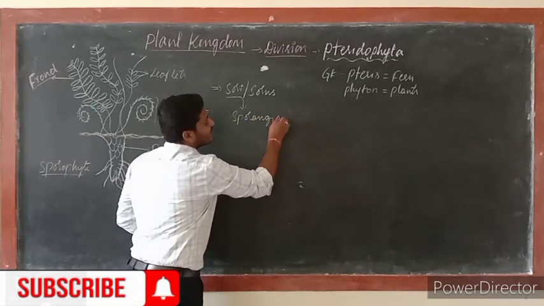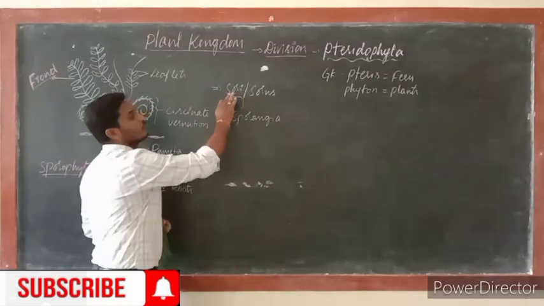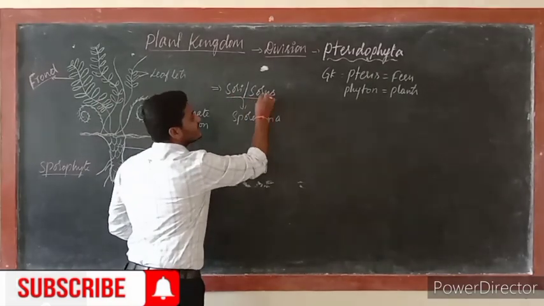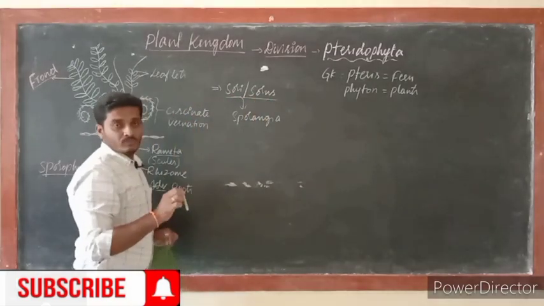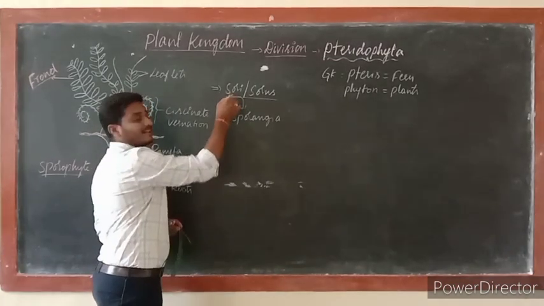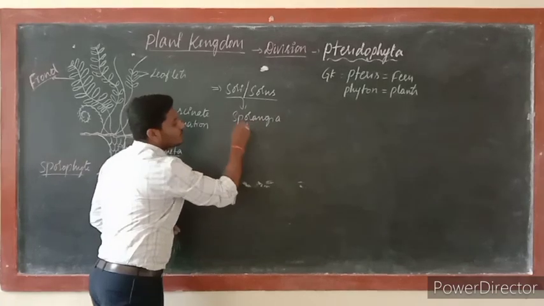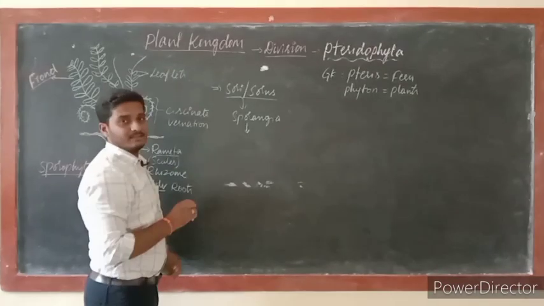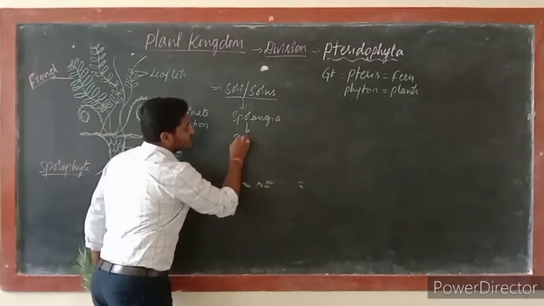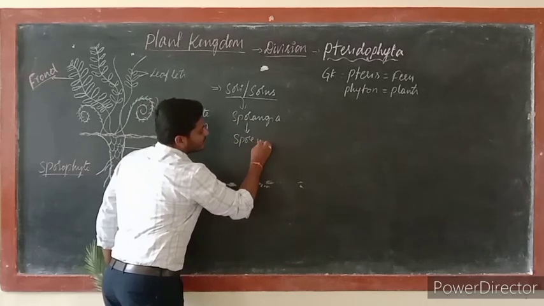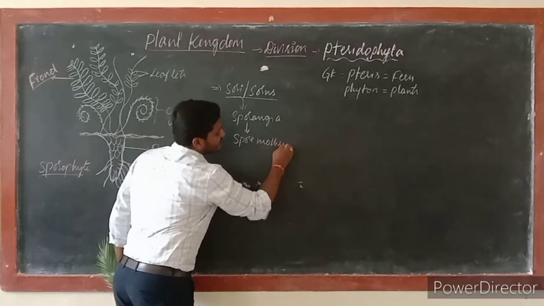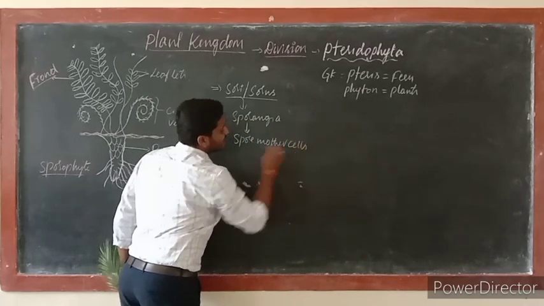Plural name is sori and singular is sorus. Within the sorus, they contain sporangia, and what does the sporangia contain? Spore mother cells.